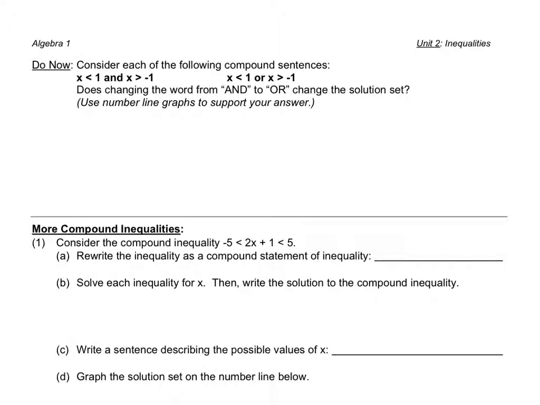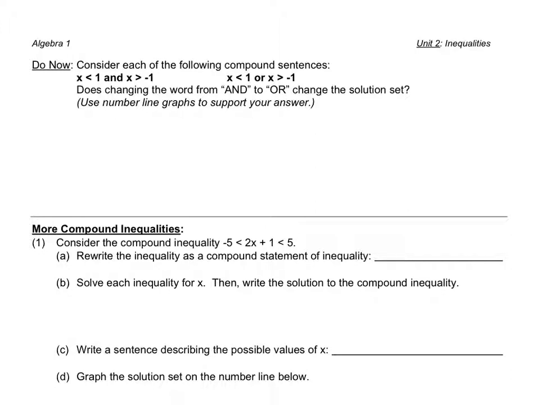So now I'm looking at the question and say, okay, well that's what they wanted me to consider, that's wonderful. I might have noticed something about the expression that has nothing to do with the question, but it might be useful information anyway. Does changing the word from and to or change the solution set?